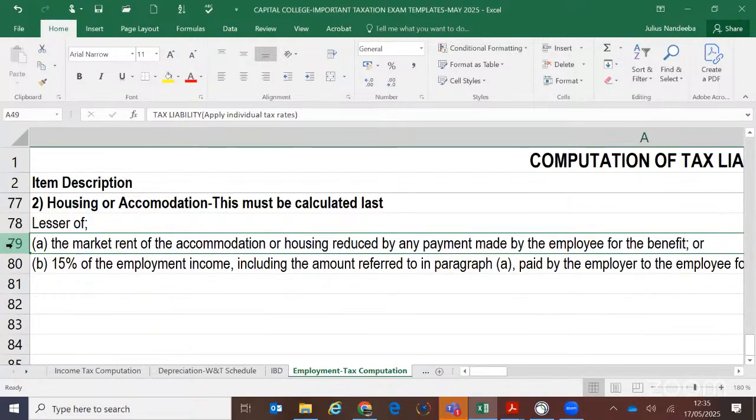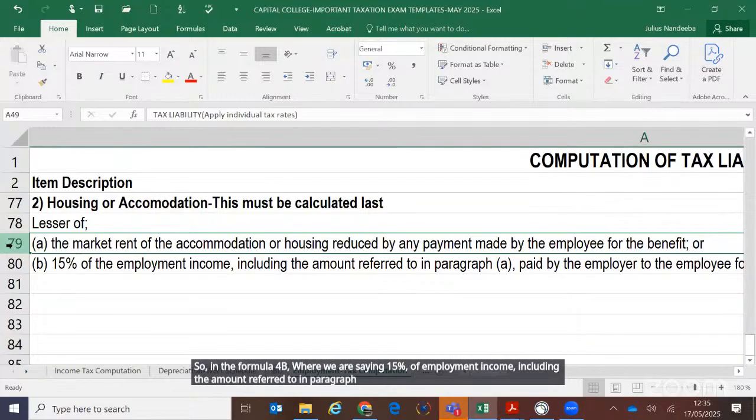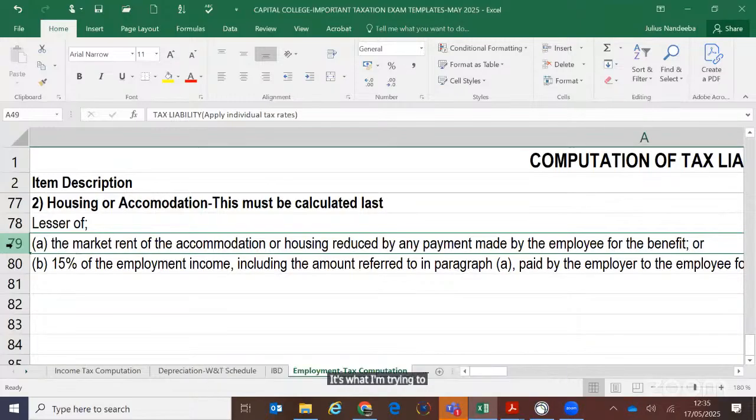So in the formula for B, where we are saying 15% of employment income, including the amount referred to in paragraph A, is what I'm trying to explain. So I get 15% times brackets. I first combine two figures. What are the two figures?